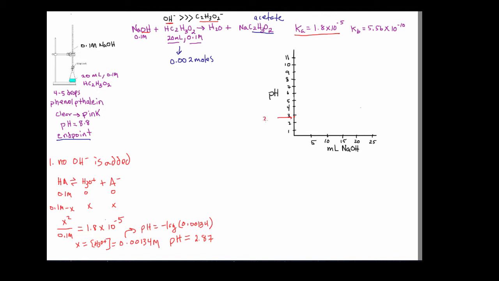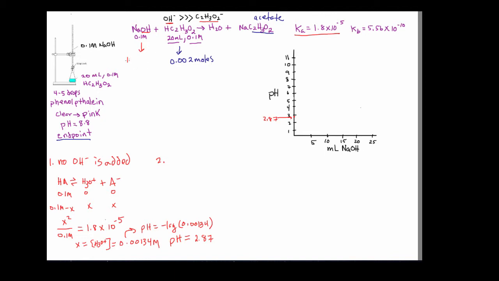All right, before we have added any hydroxide to this mixture. Now, the next point that we're going to acquire on this graph is the place where we literally have used up half of the acid. So that means we're going to drip in enough sodium hydroxide to do away with 0.001 moles of the acetic acid.